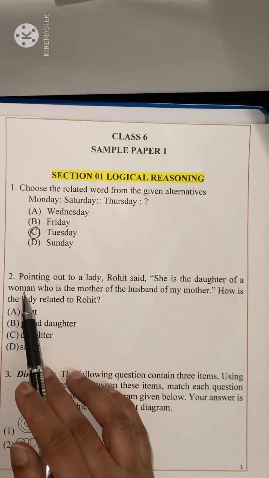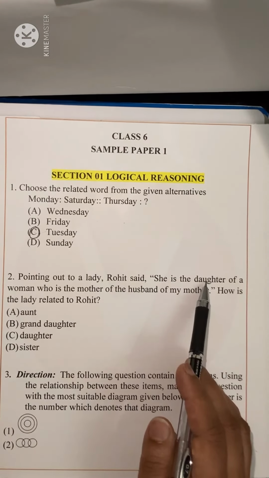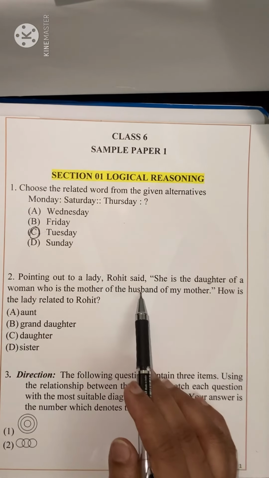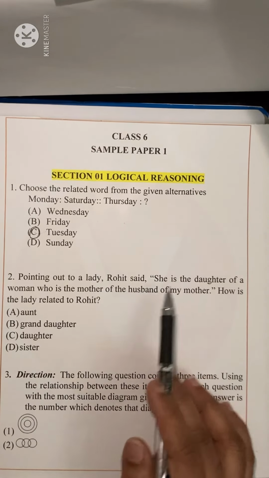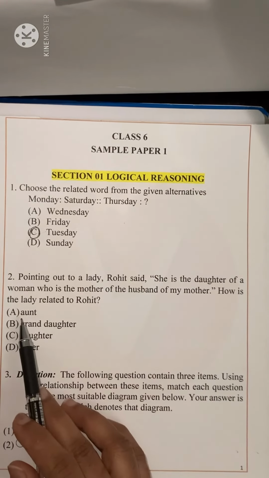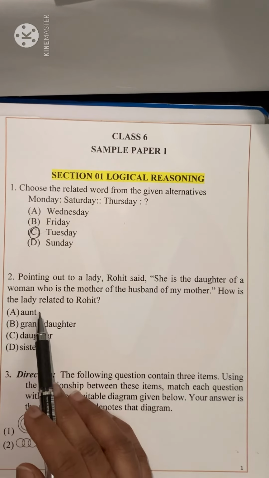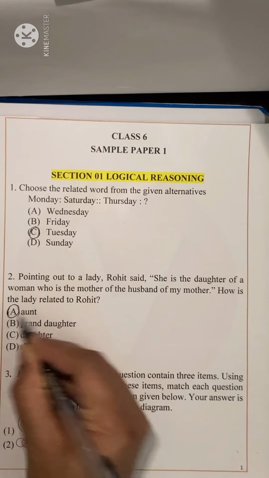So this woman is Rohit's grandmother, and this lady is that grandmother's daughter. That means grandmother's daughter and his father is grandmother's son. Therefore they are brother and sister. Therefore this lady and Rohit is related as his aunt. This lady is his aunt. A.